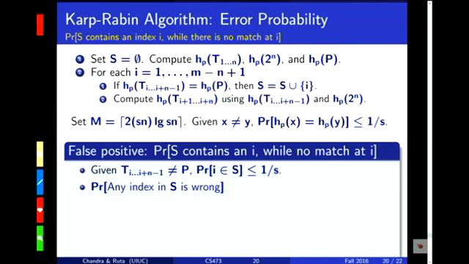What are all possible indices? How many of them are there? M. What is the probability that I pick an index i and it's a wrong index? 1 over S. So if there are M possible indices, what is the probability that any of them is wrong? There exists a wrong index in S.